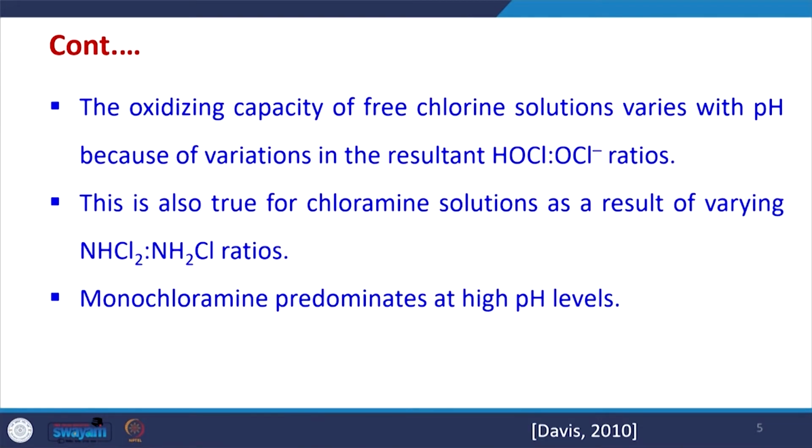Now, going further, the oxidizing capacity of free chlorine available in the solution varies with pH, because of the variation in the resultant HOCl and OCl minus ratios, and because of the usage of HOCl with ammonia or other nitrogenous compounds, the amount of actually free available chlorine will be lesser.